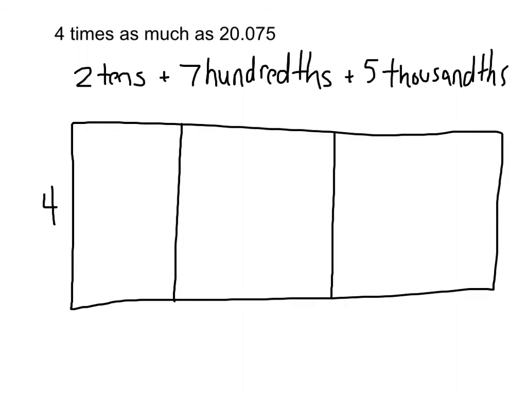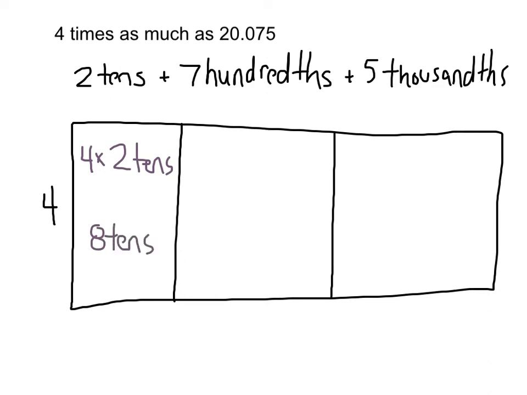Now what I'm really doing here is sort of a distributive property. I'm taking 4 groups of the 2 tens, and then 4 groups of the 7 hundredths, and then 4 groups of the 5 thousandths to multiply each one separately. So in this box I'm going to have 4 groups of 2 tens, which is 8 tens.